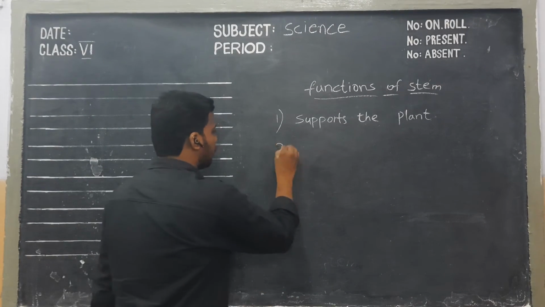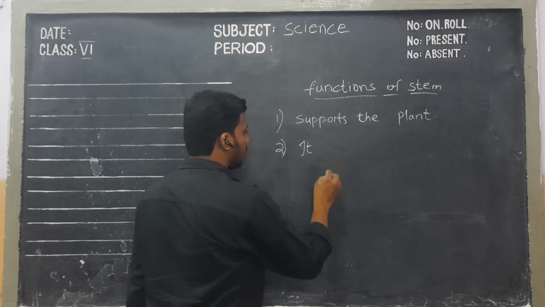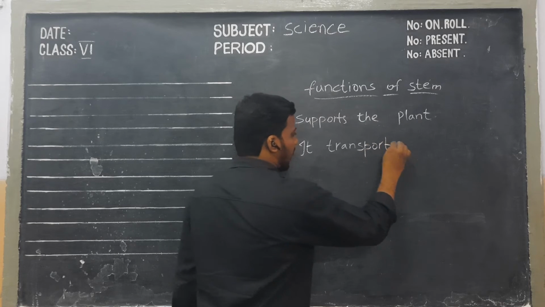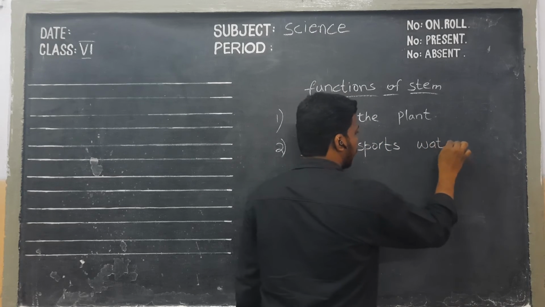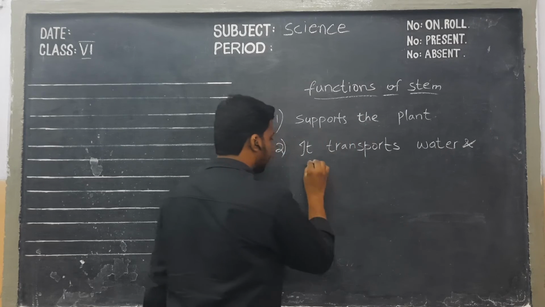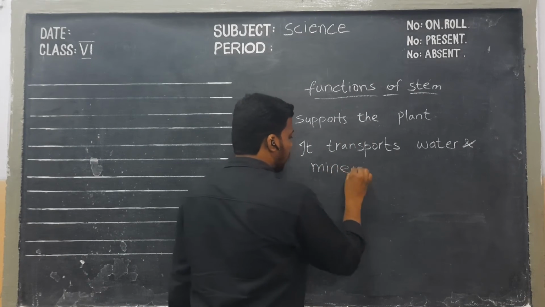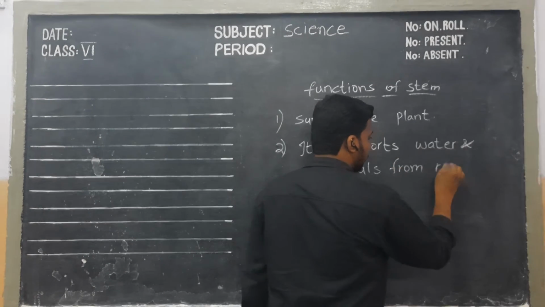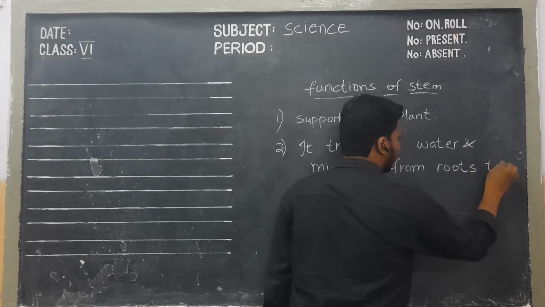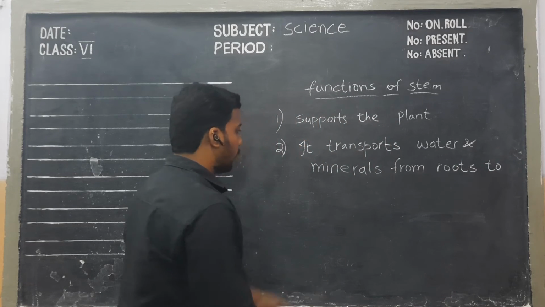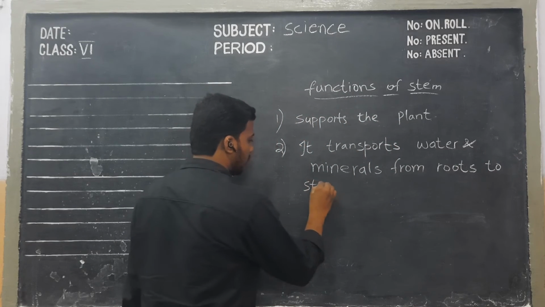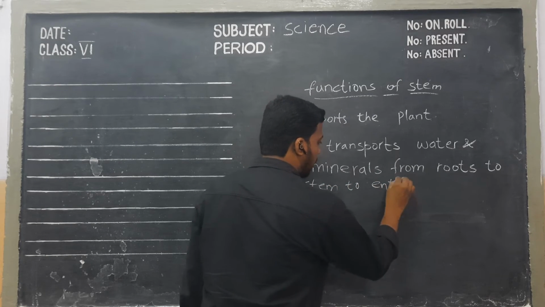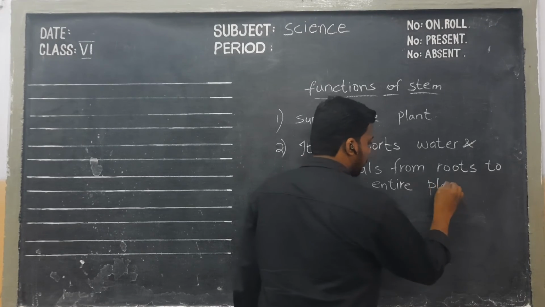So next, it transports water and minerals from roots to the entire plant parts.